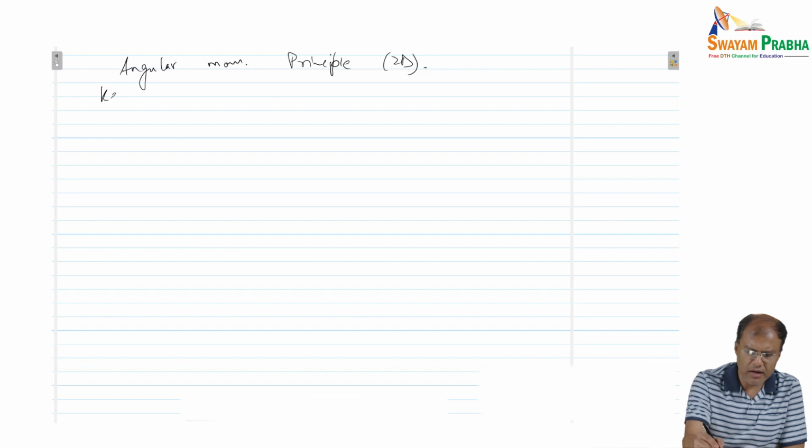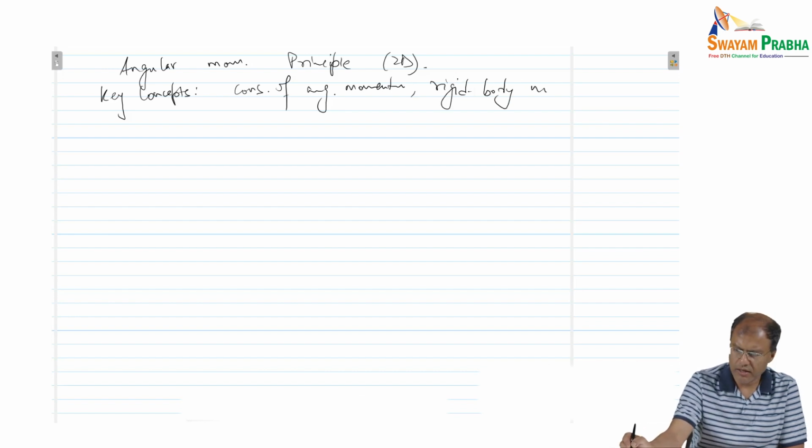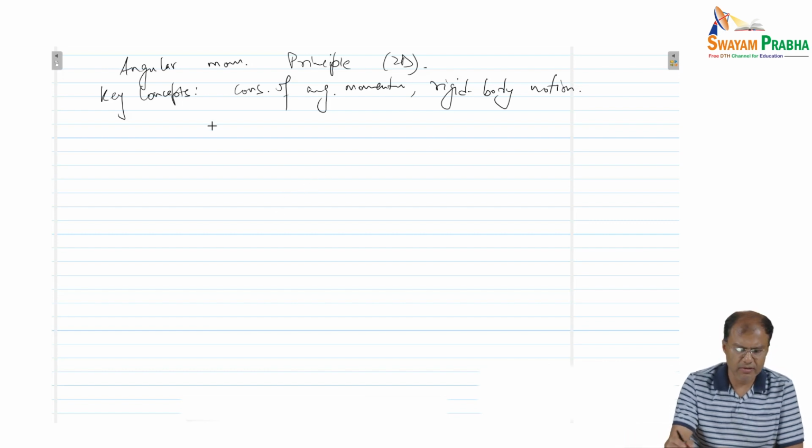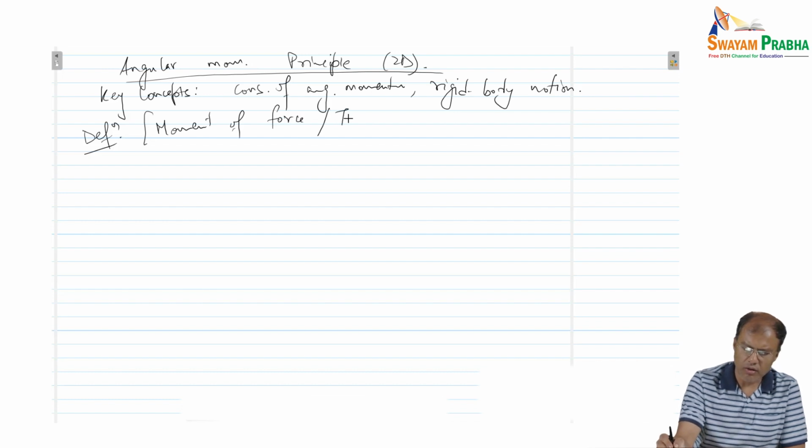The key concepts are conservation of angular momentum and rigid body motion. So these are the two major things. Then the definition, we are talking about moment of force and torque.